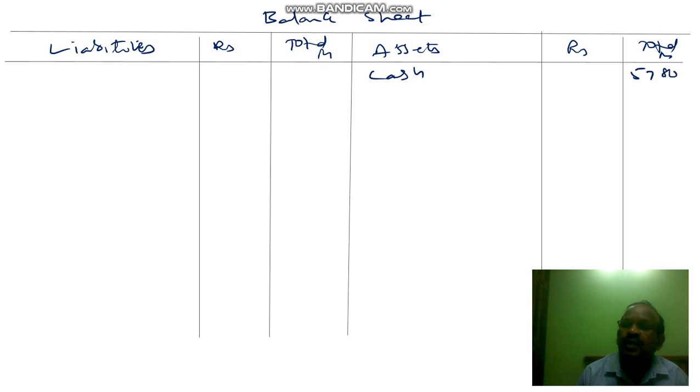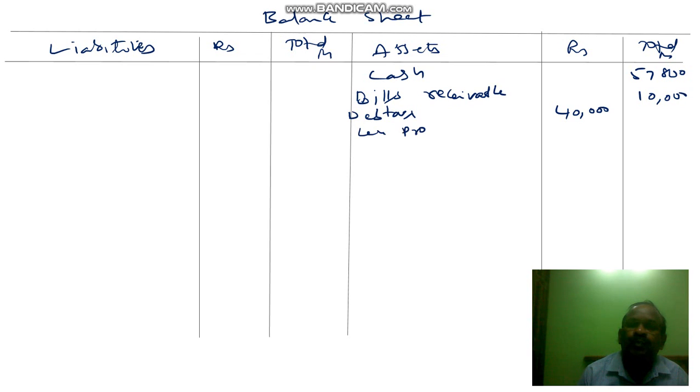In that we find the cash at the end is 57,500, and next is bills receivable, here it is 10,000. Next is debtors, 40,000, less provision. So here we will take the total 2000, not the 1200. So remaining balance is 38,000.